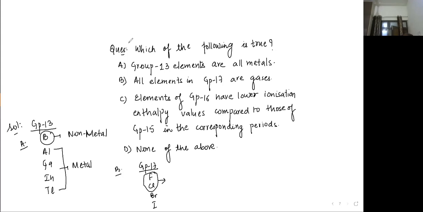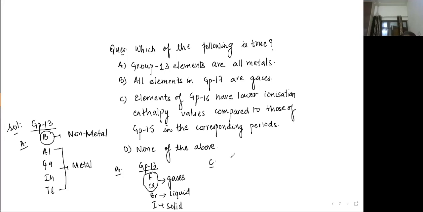Apart from group 18, hydrogen, oxygen, nitrogen, fluorine and chlorine exist as gases. Bromine is a liquid, along with gallium and mercury. So iodine will be a solid. So B is also incorrect. Only fluorine and chlorine will be gases, not all elements.